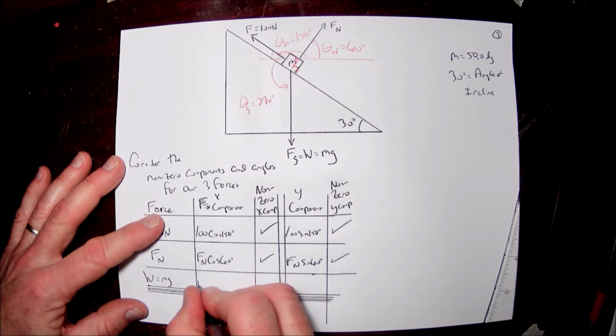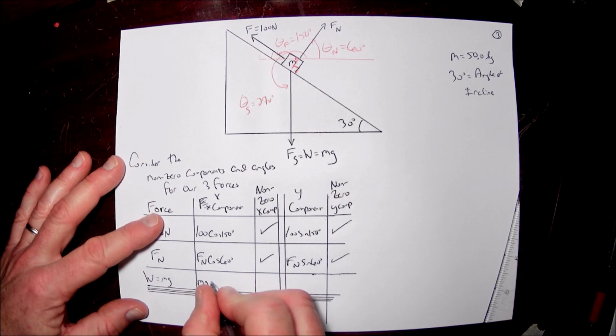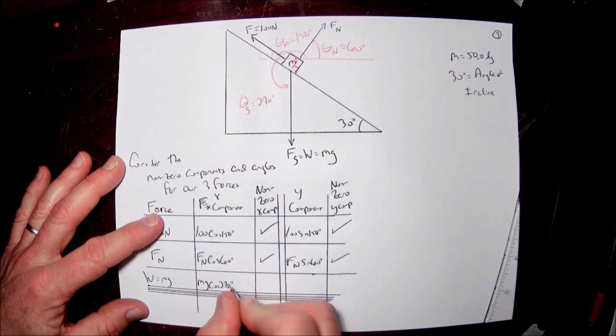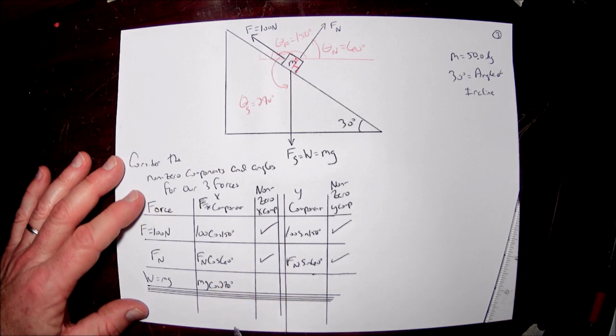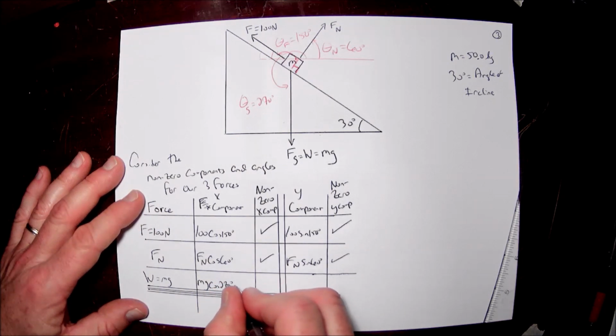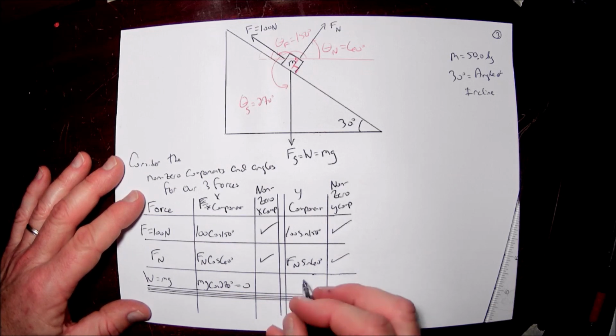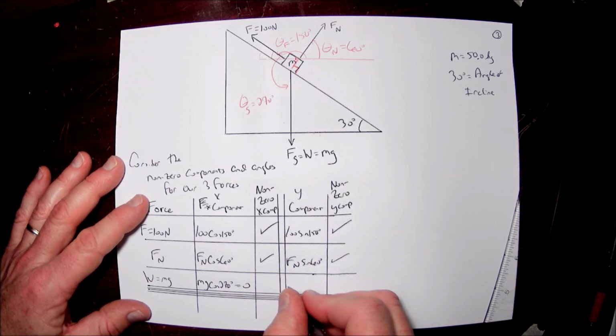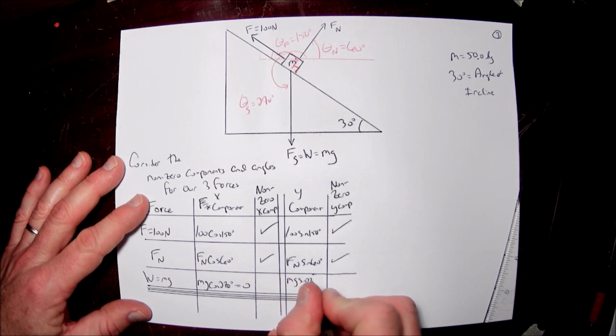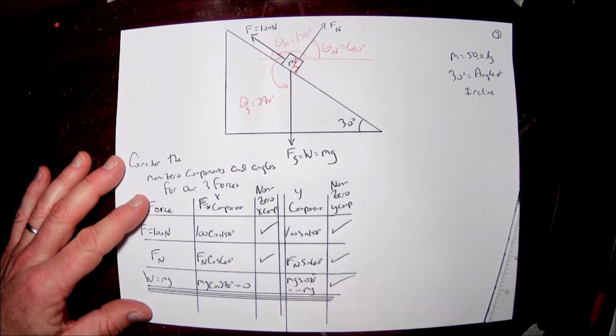So this would be mg cosine 270. You crank that in your calculator and you find out the cosine of 270 is 0. So I've got a 0. Yippee. There's no check there on that one. And this would be mg sine 270, and that just equals negative mg. But it is definitely non-zero.